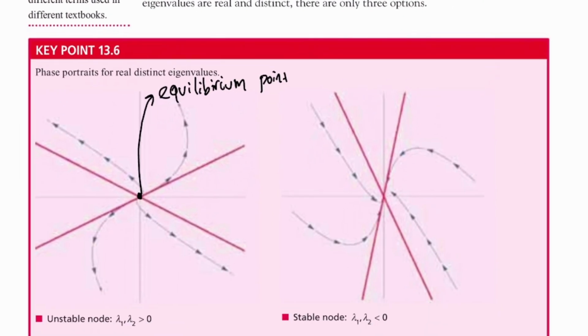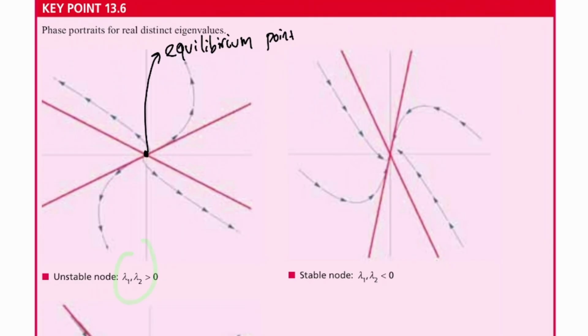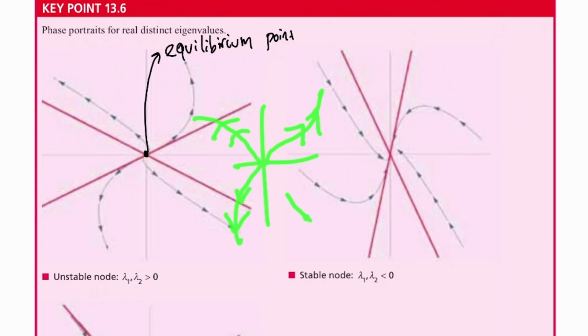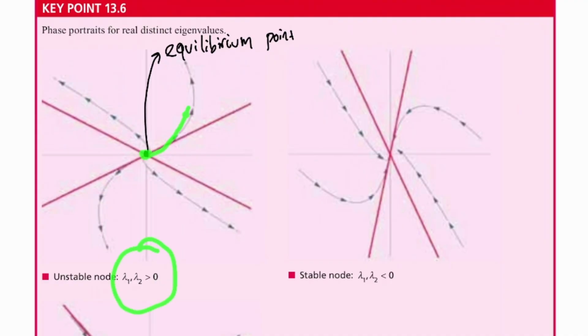If both eigenvalues are bigger than 0, your phase portrait starts from the origin and goes out. The shape is not important. You just sketch a phase portrait that is going out from the origin, something like two lines like that. If both of them are bigger than 0, it starts from here and goes out.